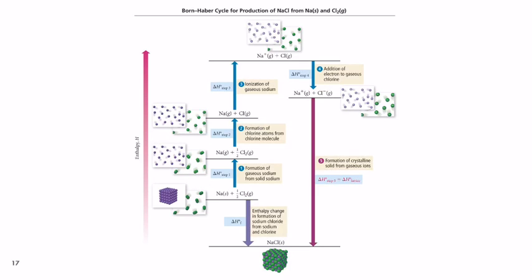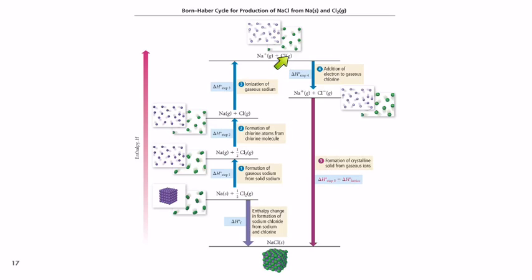You've got to put energy in to do that. And then we're going to take the chlorine molecule and split it into chlorine atoms. And that requires energy. And then we're going to ionize that sodium atom that's in the gas state, and make it a sodium ion in the gas state. That also requires energy.